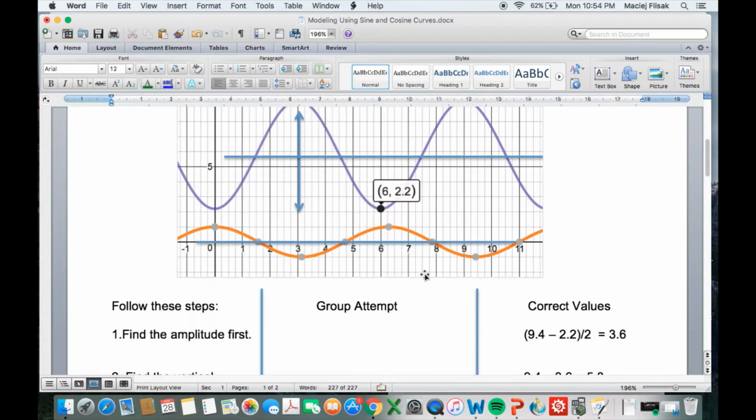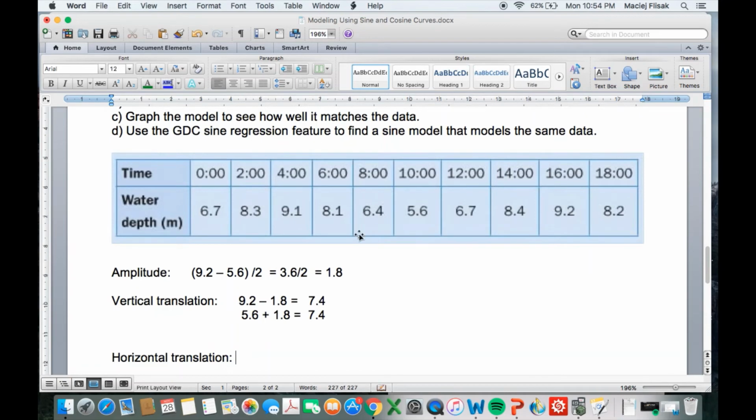So let's check the data. The data says the top point, which is 9.2, occurs here at 16, and here's 9.1, which is close to 9.2, but anyway, 9.2 is at this value here, 16. So that will tell you maybe the translation is 16.